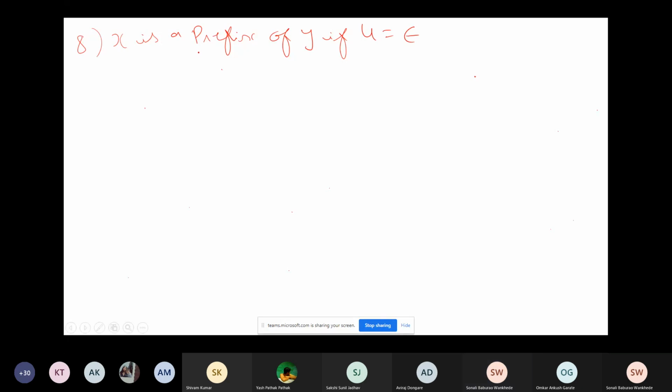Next we have to compute the prefix. What do we mean by prefix? x is a prefix of y if u is equal to epsilon. Let us take one example here. Suppose x is equal to a, b, a, b, b. This is our example.